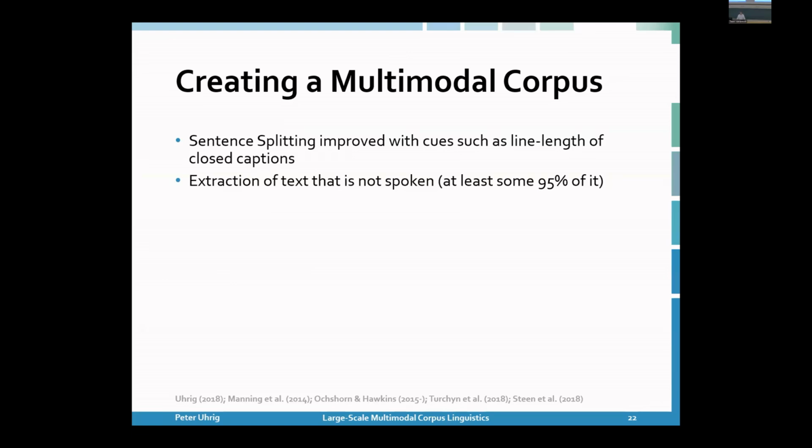Because later on, if we're looking for words in the spoken language, the word "applause" isn't uttered very often. What you see, however, in the subtitles, the word "applause" occurs very often in square brackets, telling us that's what's happening on the audio channel, but it's not part of the words we want to study. So we extracted it, put it into the metadata.